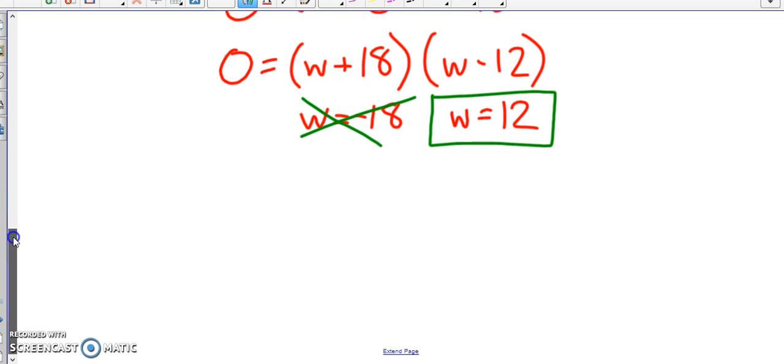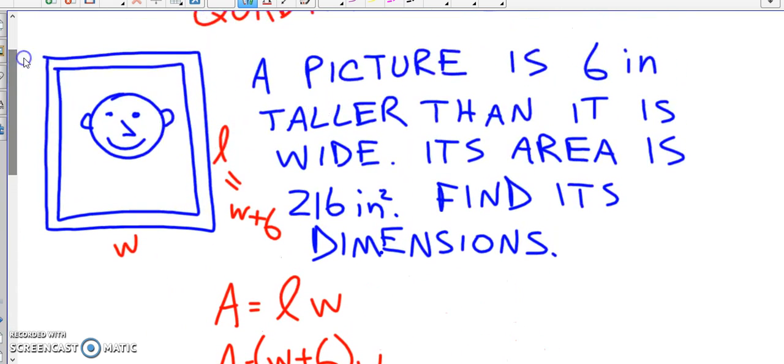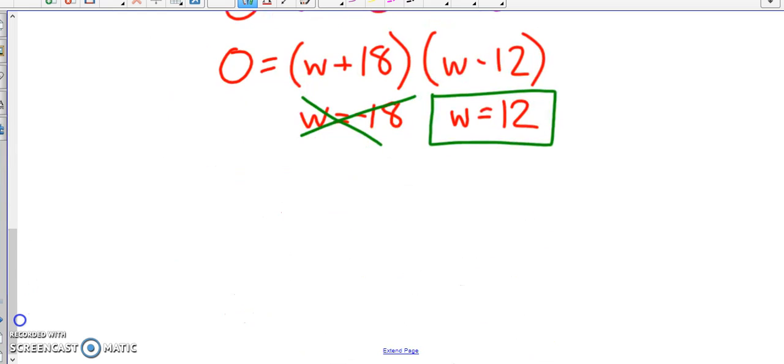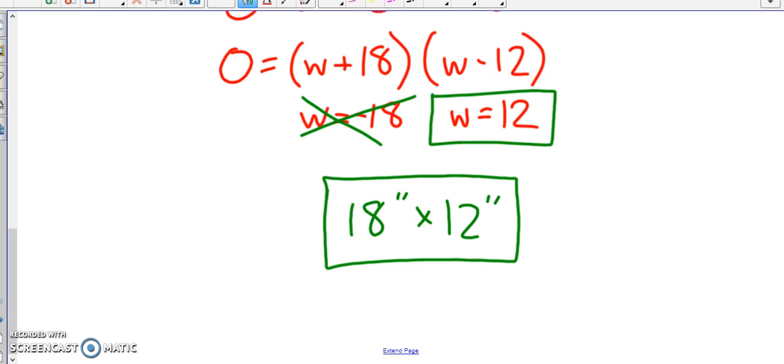And if W is 12, then the length is 12 plus 6, because it's W plus 6. 12 plus 6 is 18, so this is 18 inches by 12 inches. You've got the length, and you've got the width.